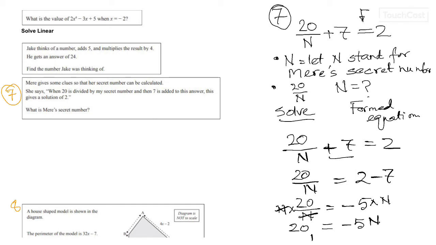Now to get n, I got to divide 20 by negative 5, and that will get me the answer, which is negative 4, because if I divide a positive 20 by negative 5, that will give me negative 4.